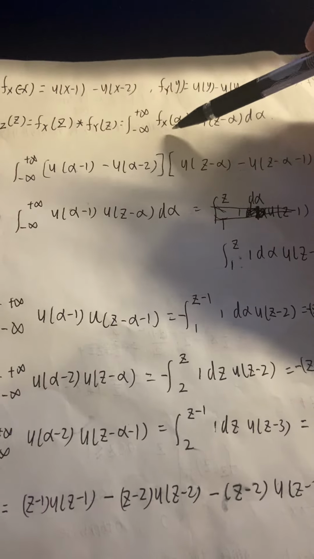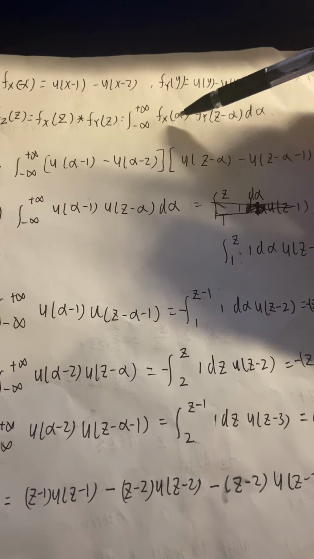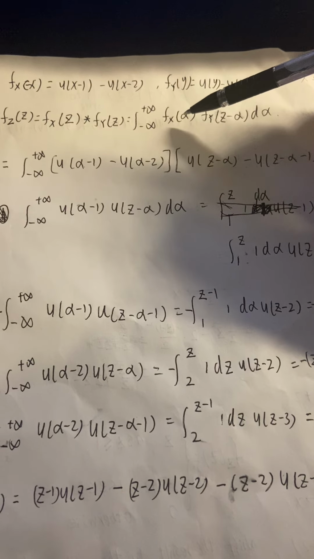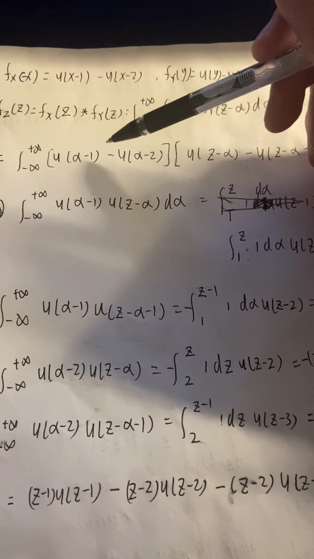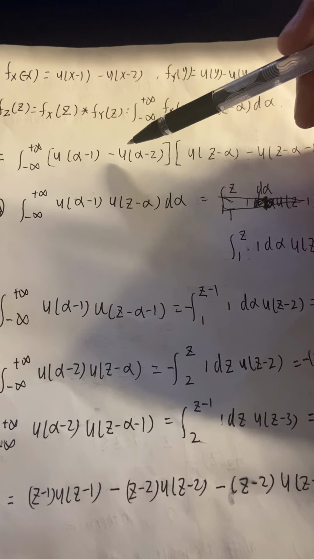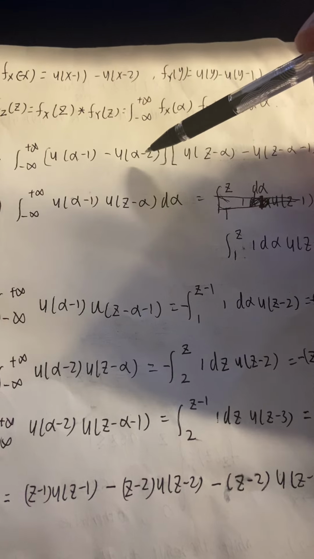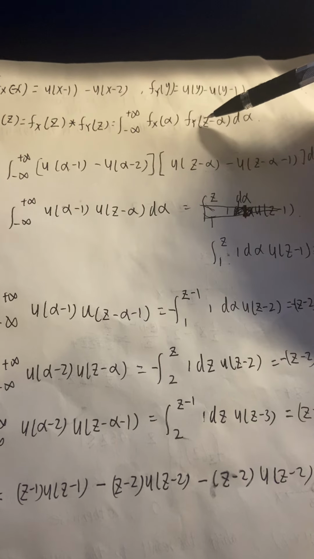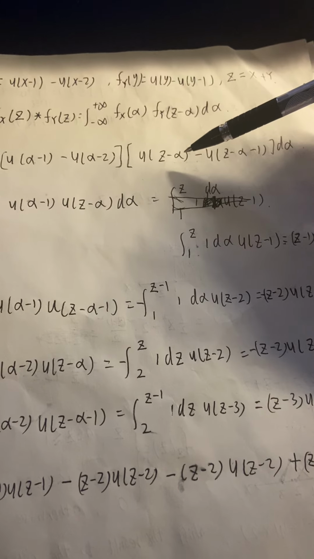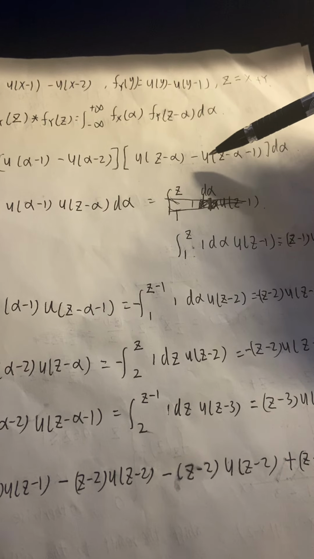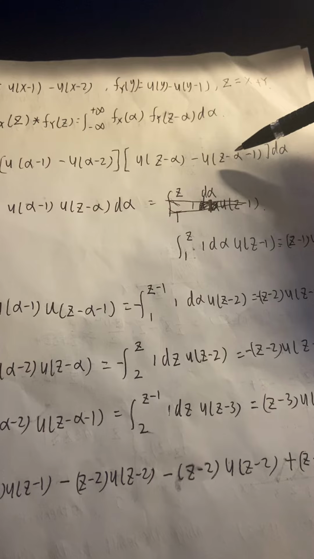So the first part will be u(alpha-1) minus u(alpha-2). The second part will be u(z-alpha) minus u(z-alpha-1).